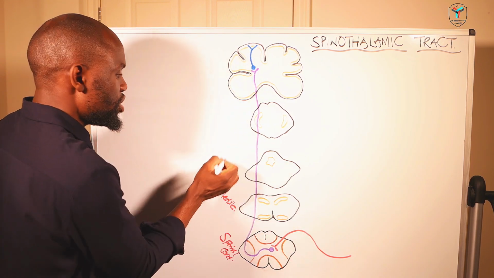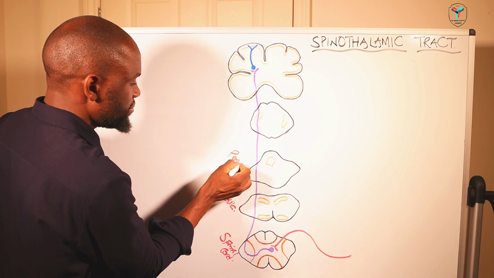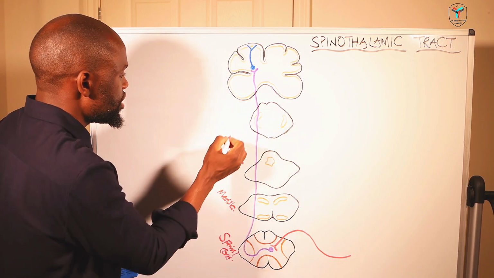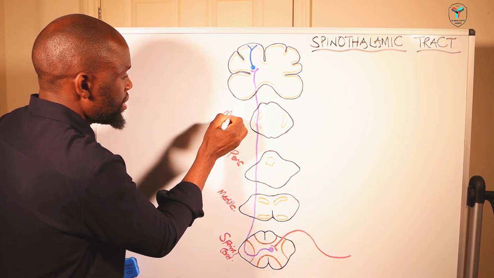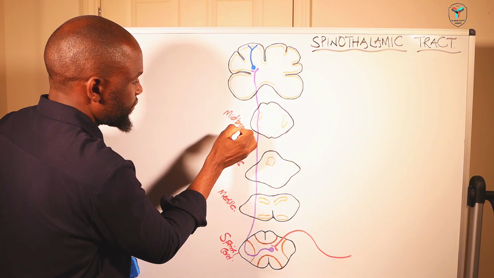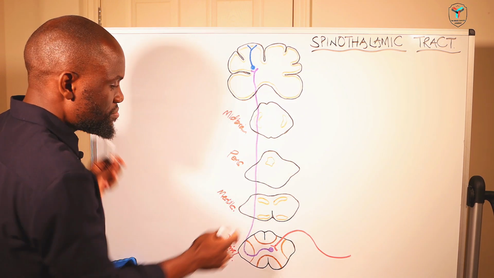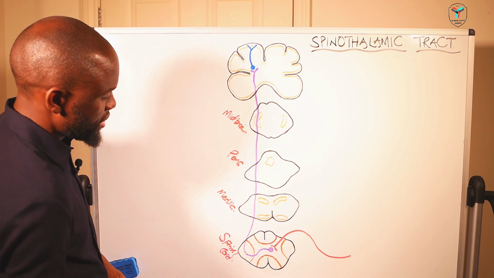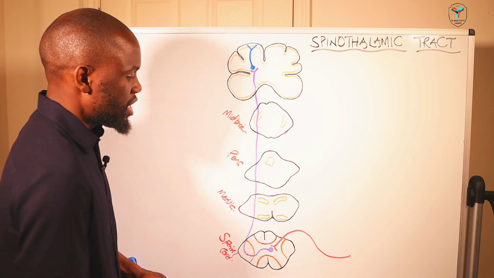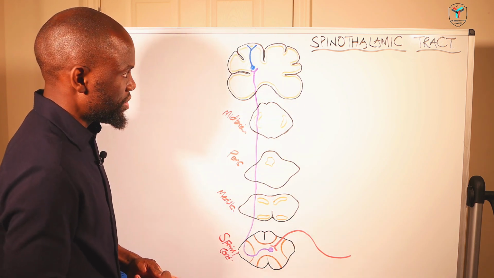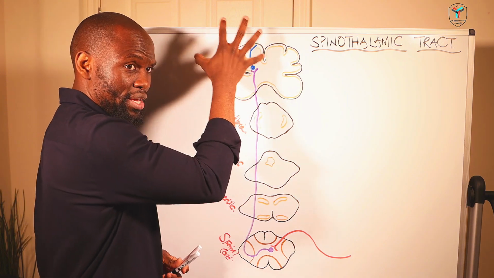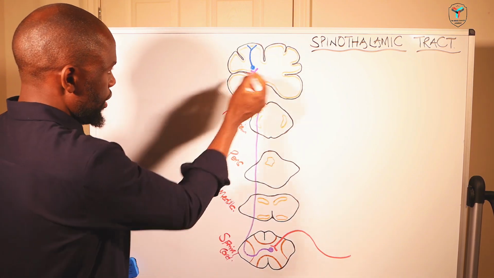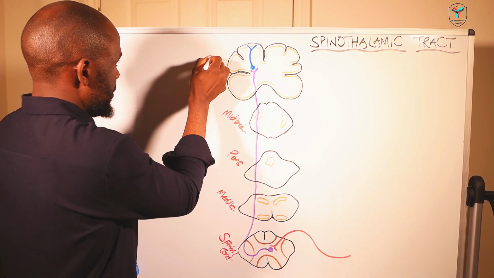From the medulla, then you will be going to the pons here. From the pons, and then you'll be going all the way to the midbrain here. So this then forms the brainstem. So we only have one part of a spinal cord here that we would utilize to help us understand the spinothalamic tract. And you have the main part here, which is going to obviously be the brain.